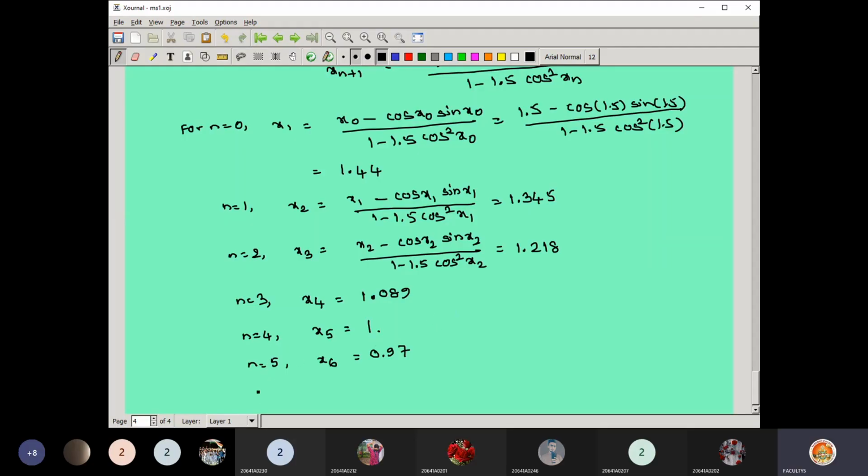You go for the next value, n equal to 6, X7. 0.97 you substitute there. So I'm getting 0.97.